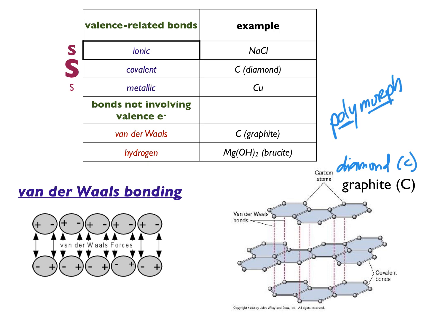But those sheets are only held to one another through van der Waals bonds, and those are very easy to break. So every time you put a pencil to a piece of paper, you are breaking van der Waals bonds in the mineral graphite, and you are leaving behind on your piece of paper tiny little flakes of carbon, of strongly bonded carbon.